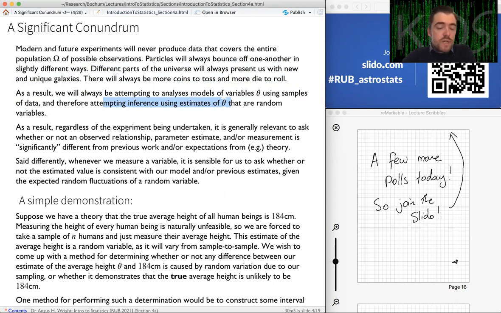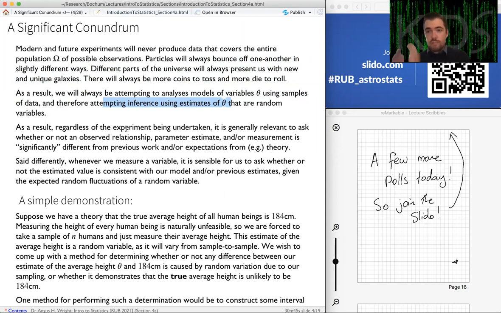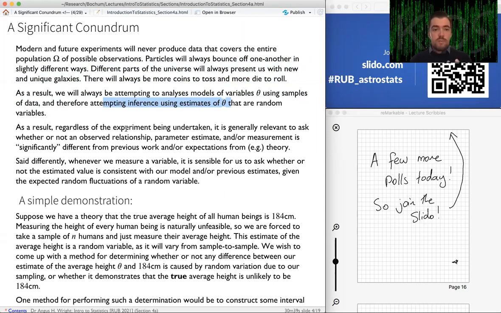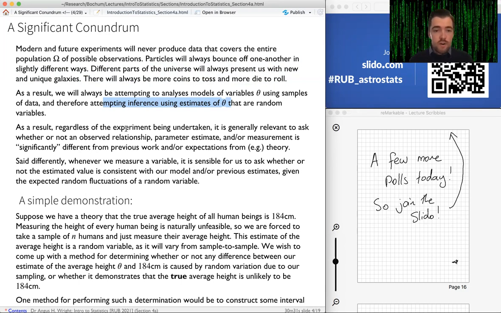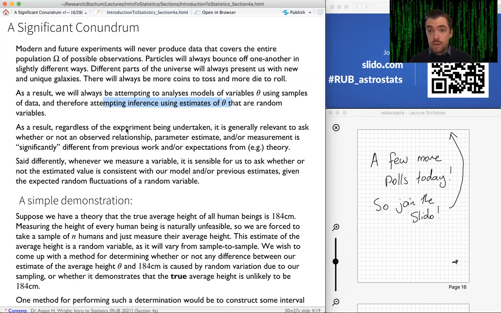So regardless of what experiment we're doing, whether we're working in astronomy, physics, biology, or any sort of model optimization, we're always trying to estimate something from a finite series of observations, and those finite series of observations have some variance just because they are finite.